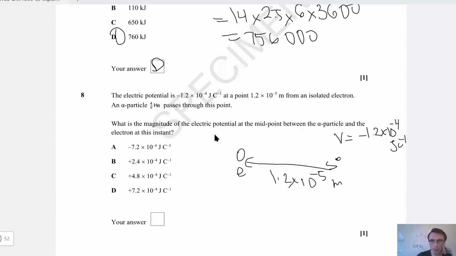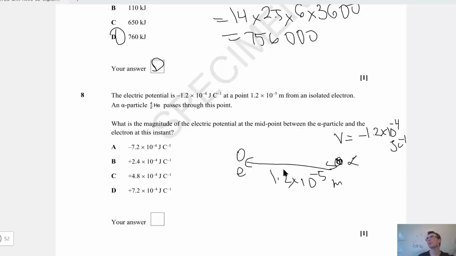Okay, an alpha particle passes through this point. So we put an alpha particle right at this point. What is the magnitude of the electric potential at the midpoint between the alpha particle and the electron at this instant? This is a really good question.